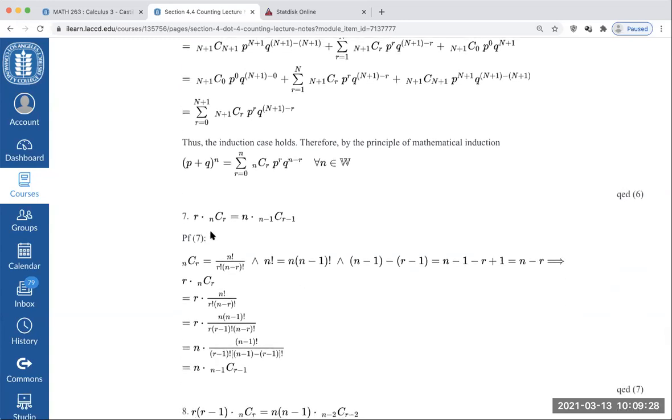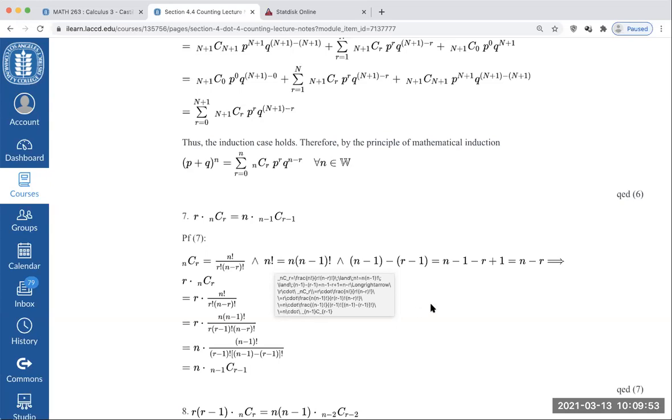And so I'll just use the fact that nCr is equal to n factorial over r factorial times n minus r factorial, and that by the recursive definition of factorial, n factorial is n times n minus 1 factorial.